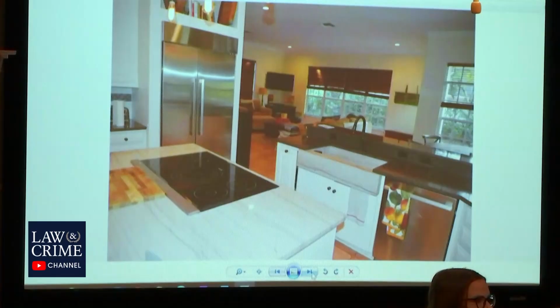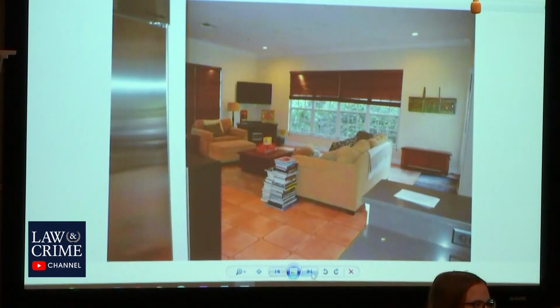Now, I think it's clear where we're standing, but what room are we looking at? So now we are looking into this family room right here. And the photos that follow, you document the contents of the family room. Yes, I did. Anything pertinent in the family room?